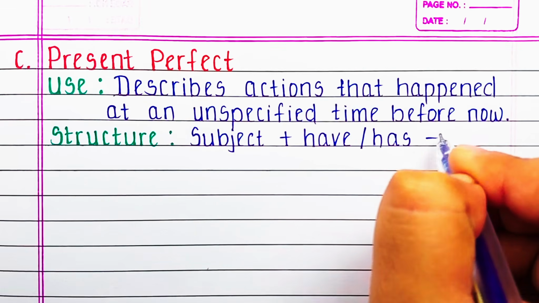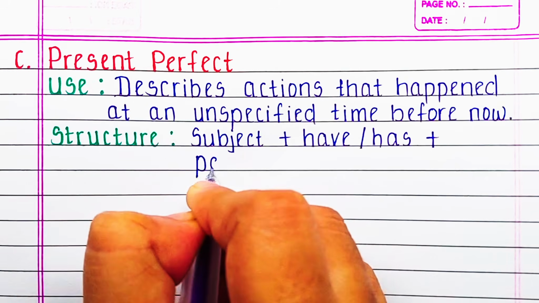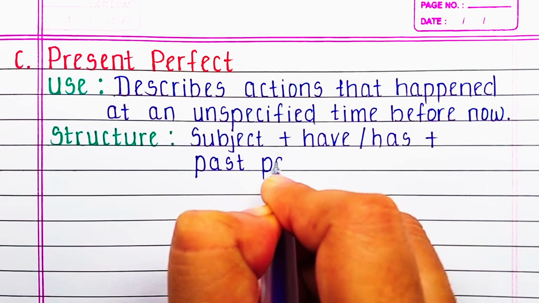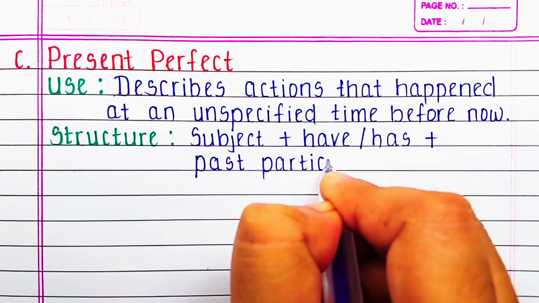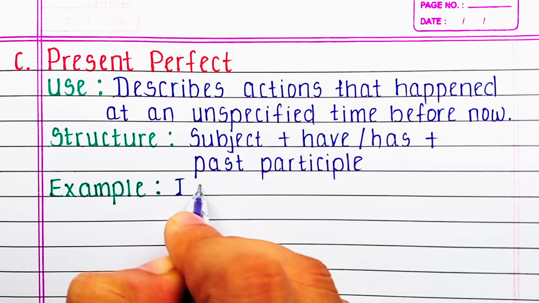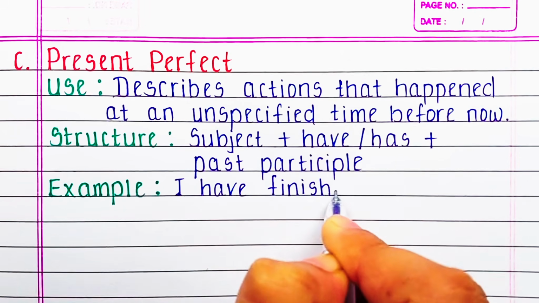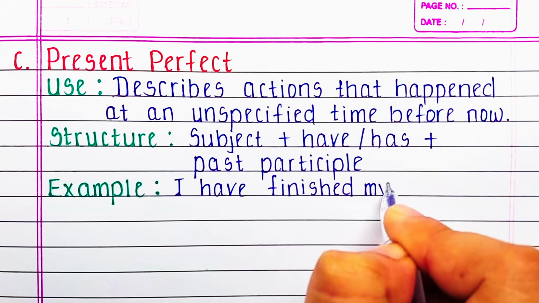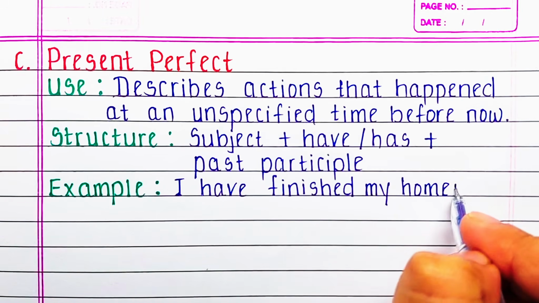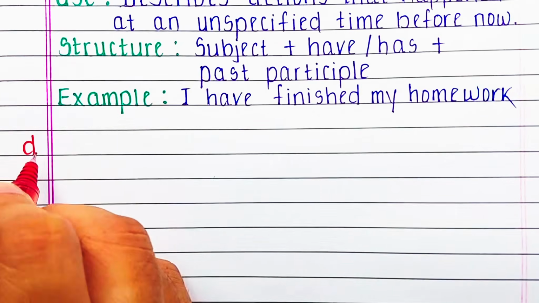Let's discuss about its structure. Subject plus have or has plus verb in past participle form. For example, I have finished my homework.